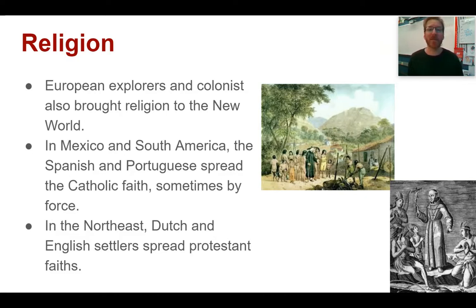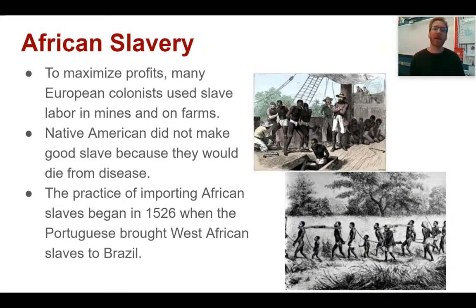It's not always a peaceful conversion. But to this day, most of Mexico and South America does still practice the Catholic faith. In the northeast of the United States, the Dutch and English settlers will be settling there and spreading the Protestant faiths.